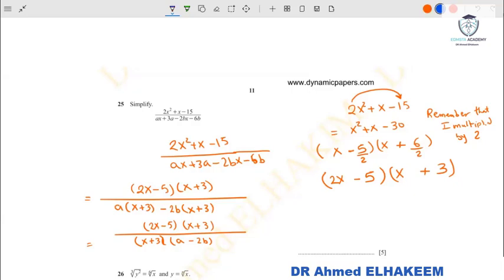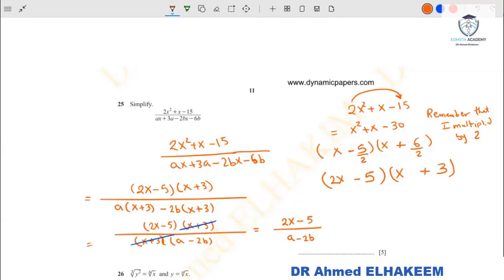Now this will be cancelled, so the final answer will be equal to 2x minus 5 over a minus 2b.